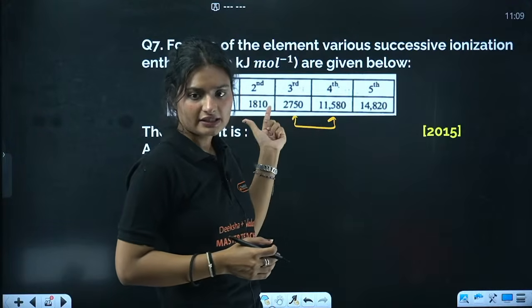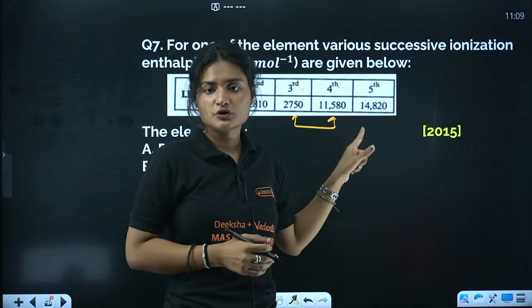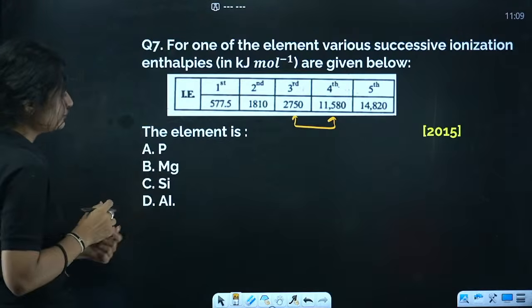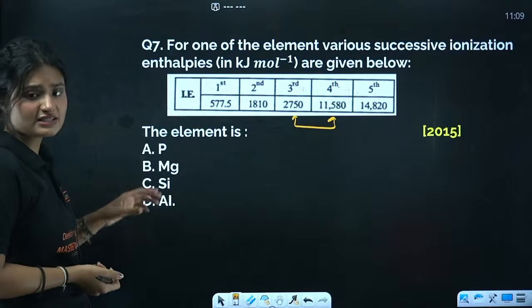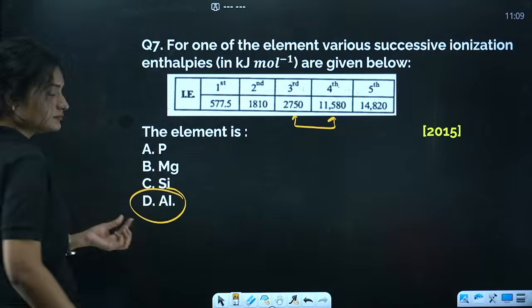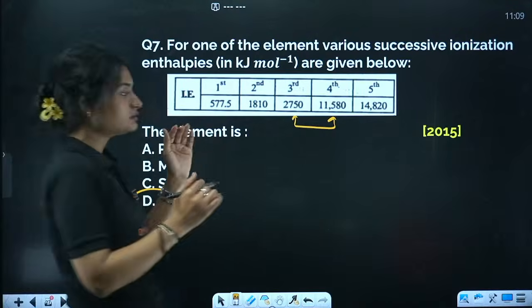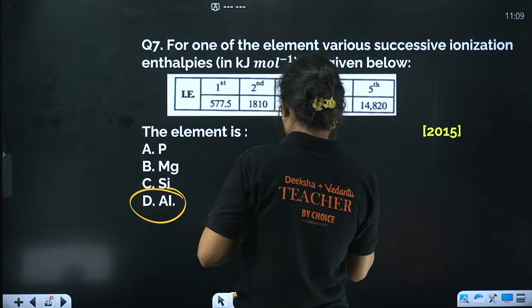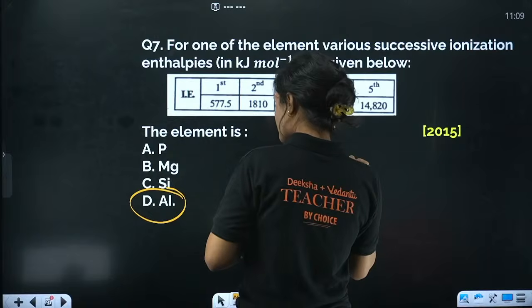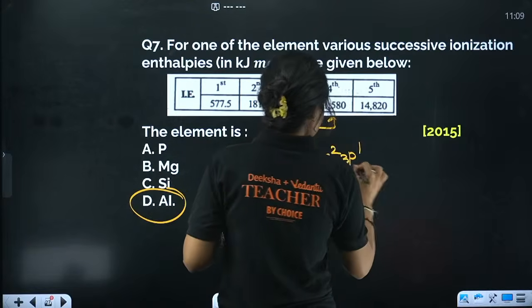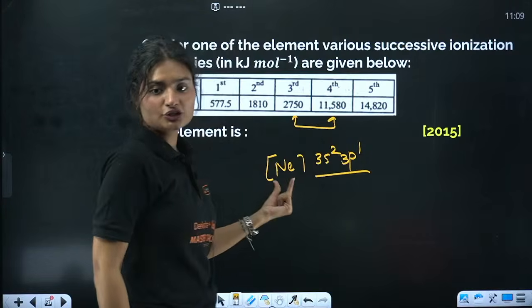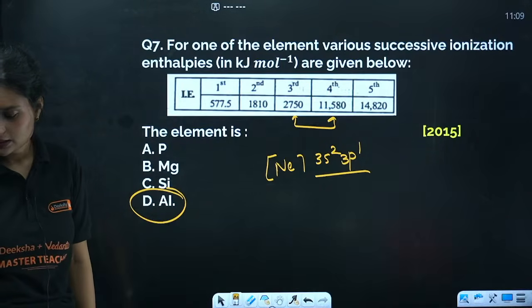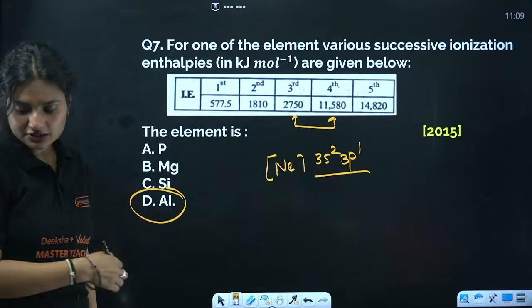Which among the following has 3 valence electrons? Aluminum. Three electrons are removed from here, and the 4th electron will be removed from this stable noble gas configuration. So the correct answer is option D.